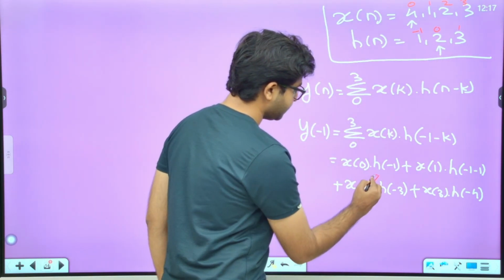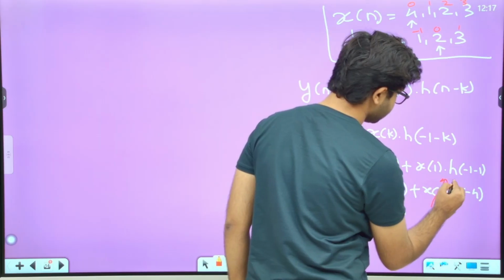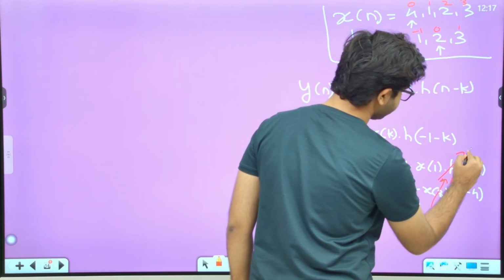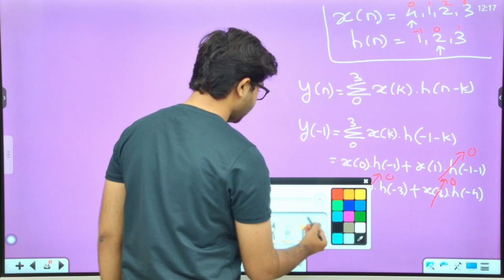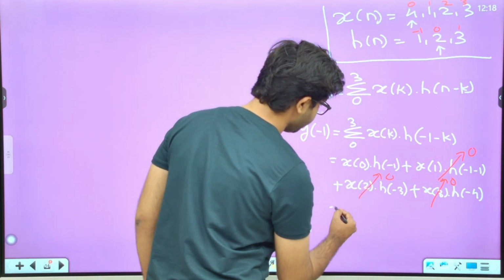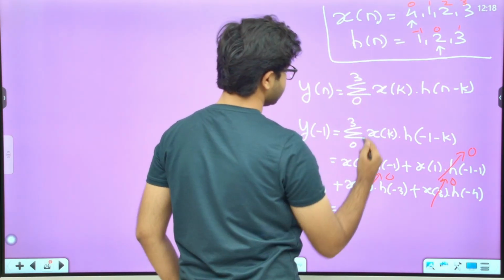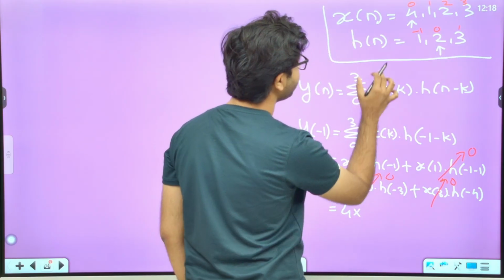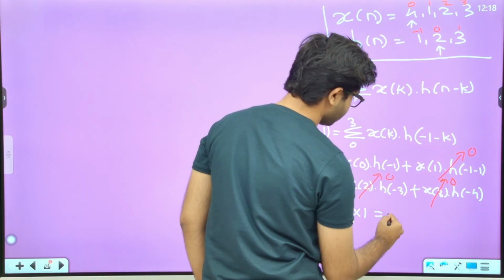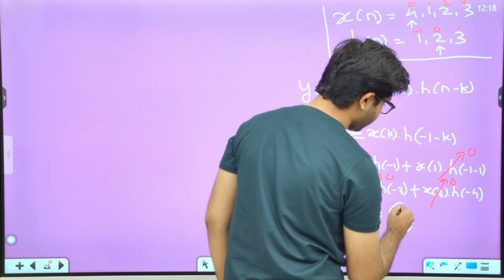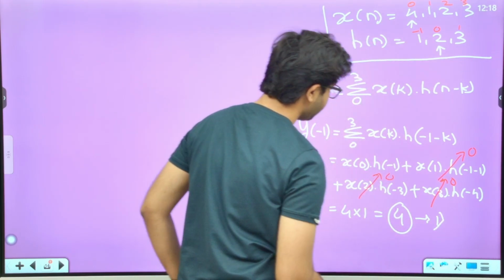So these will all become 0. Ultimately our first element will be x of 0, which is 4, into h of minus 1, which is 1. So our first element will be 4. This is the first part.